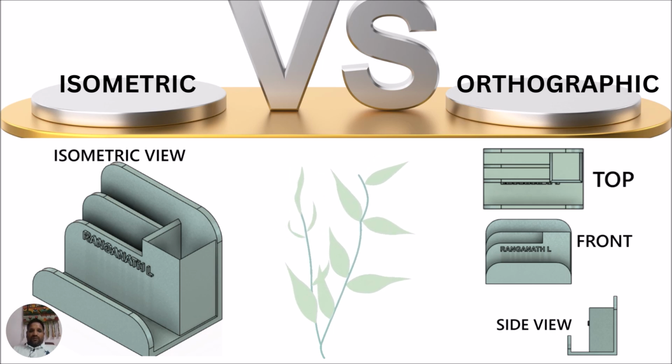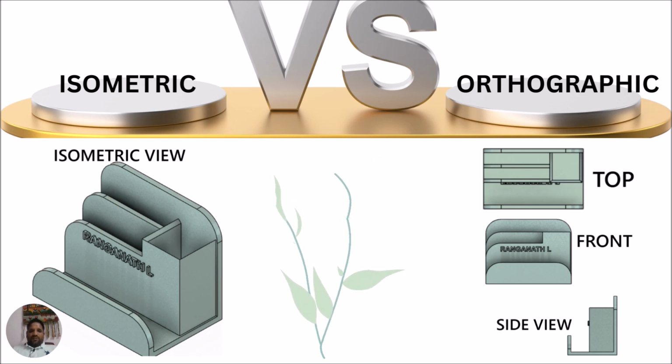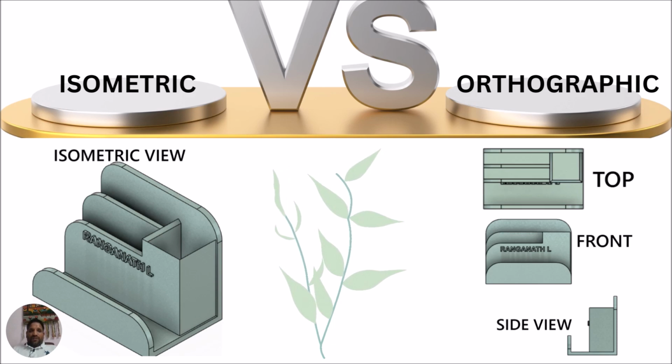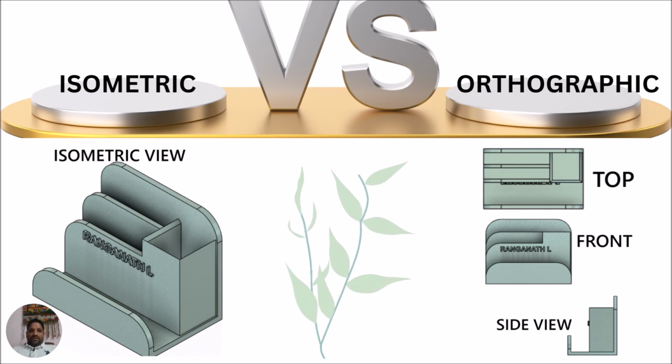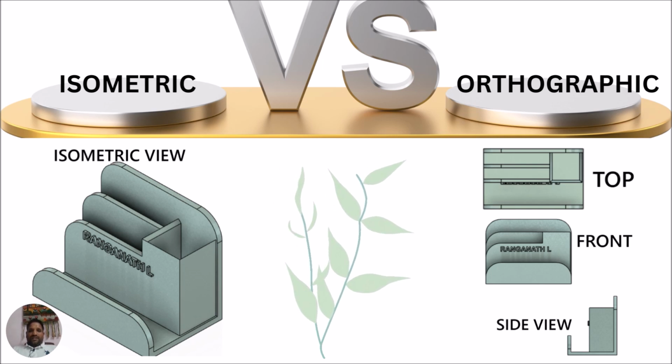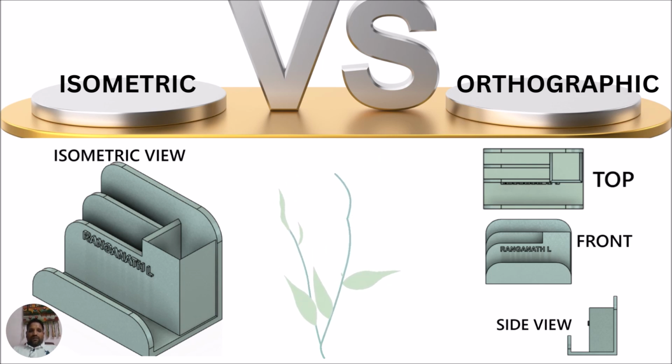When you see from the top how the object is, this is the top view. When you see from the side, this is how the object looks like. So you are drawing each and every view individually. So as you are seeing that individually, then we call that as orthographic view.